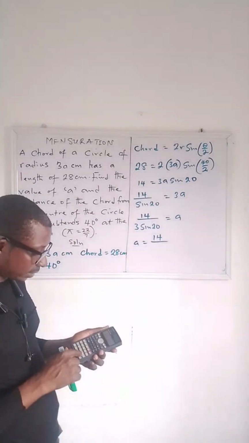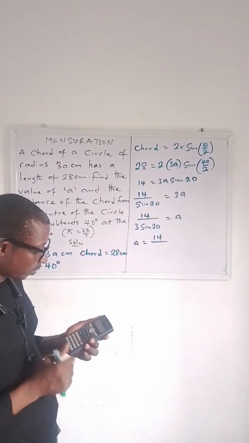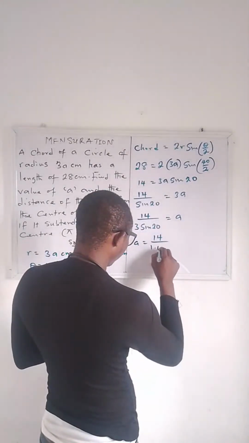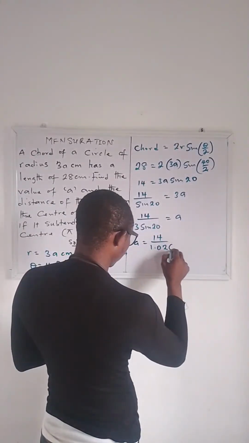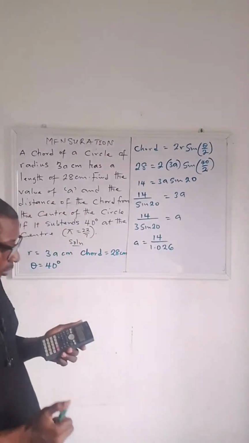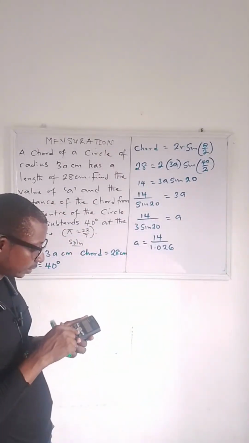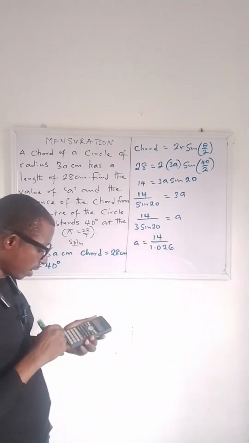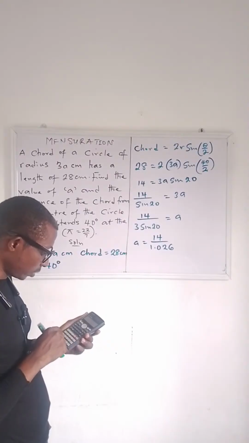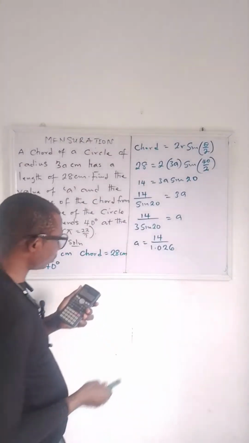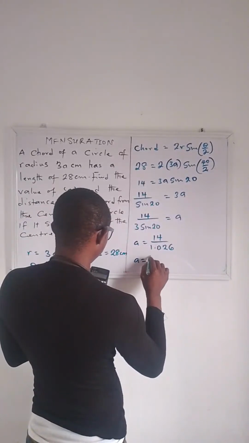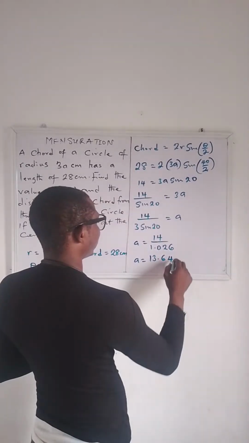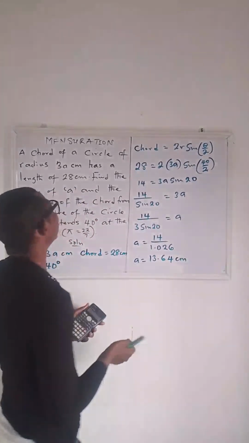So you multiply that by 3, and you'll be having 1.926. All right, then you can divide 14 by what we have here. When you do that, what do you have? Now you have a to be 13.64 in centimeters.